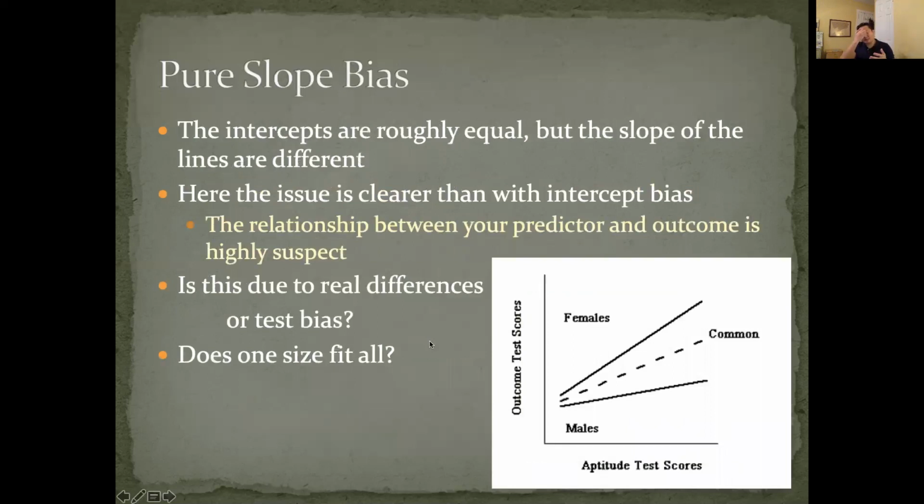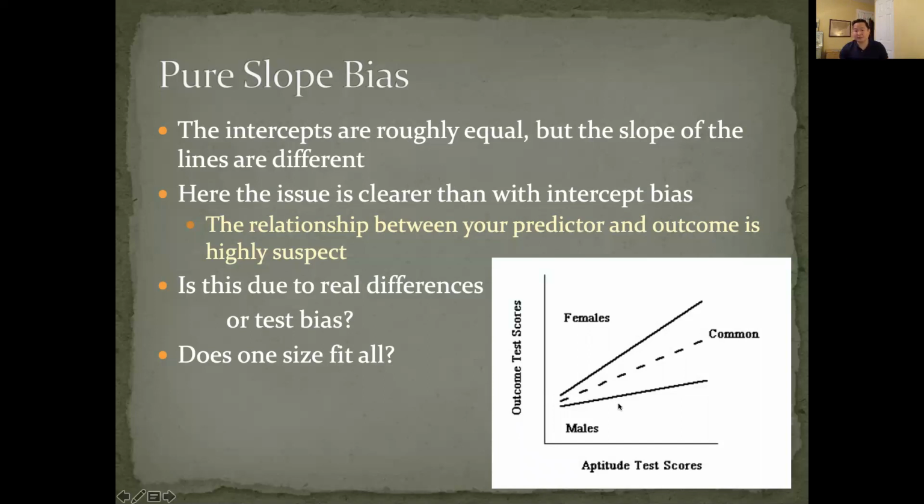What gets more interesting and more indicative of having an actual problem is what we call pure slope bias, where the intercepts are about the same, but the slope is different. The relationship between your GRE scores and your GPA for women is really strong here. It's moderately strong for the overall, and it's not very strong for men.